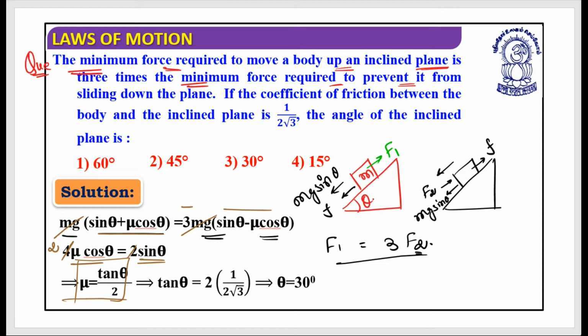Now they have provided mu as 1 by 2 root 3. If I put in the value, the 2 goes, so tan theta is 1 by root 3, which means theta is equal to 30 degrees.